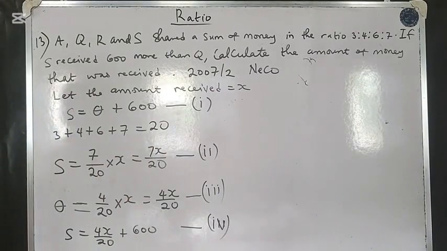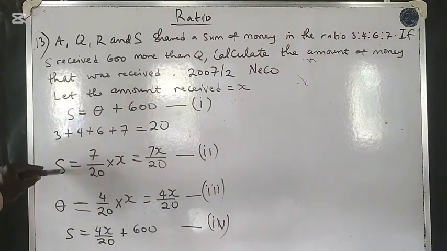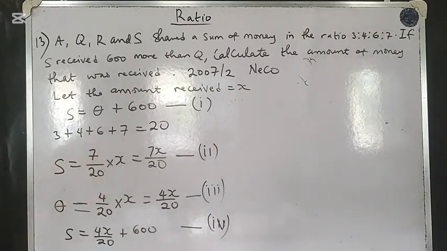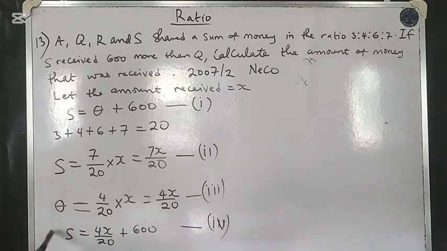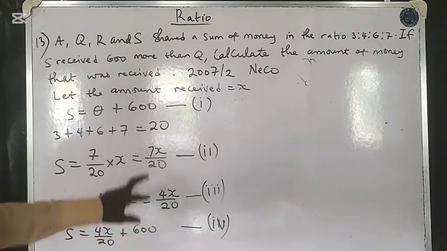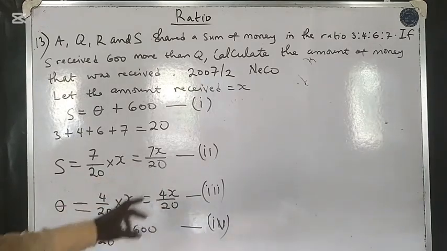Now, in equation 2, we have S equals 7x over 20. And in equation 4, we have S equal to 4x over 20 plus 600. We are going to equate the two values of S to be able to bring out the value of X we are looking for.